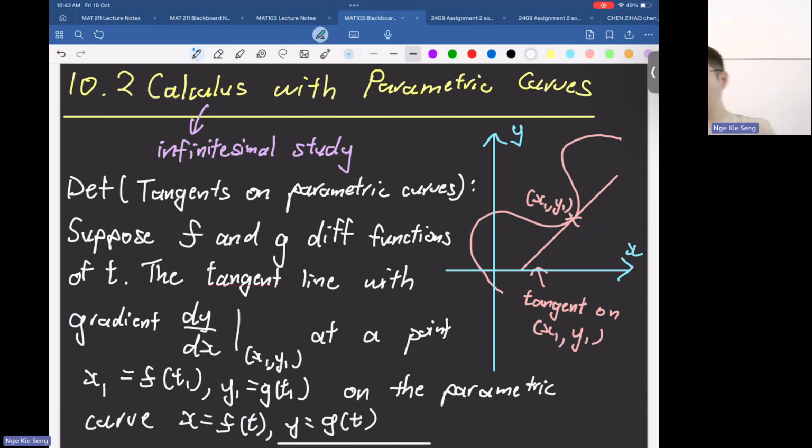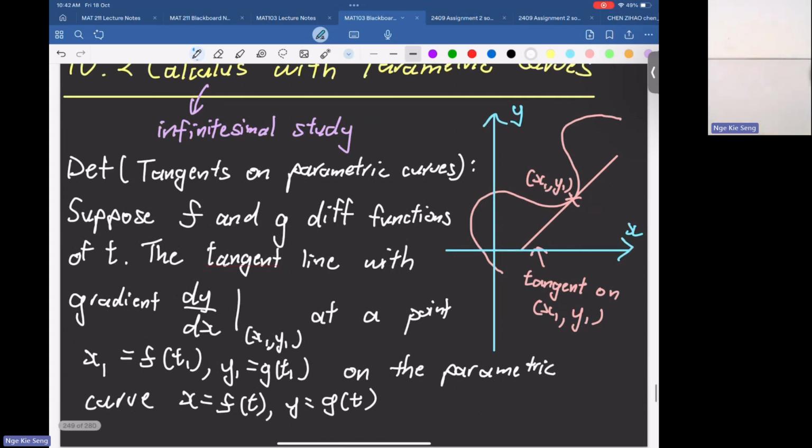So you start with a curve that can be described by differentiable functions. But what we see in this course is always polynomial, and polynomial is always differentiable. So, a differentiable curve here.